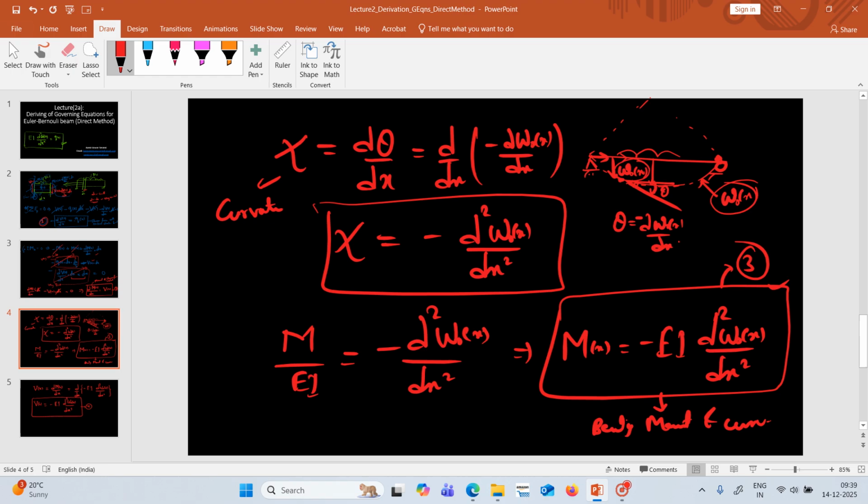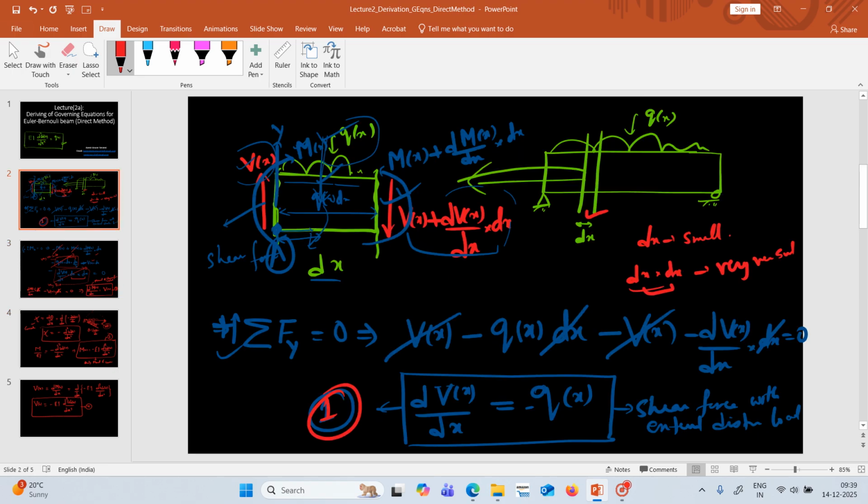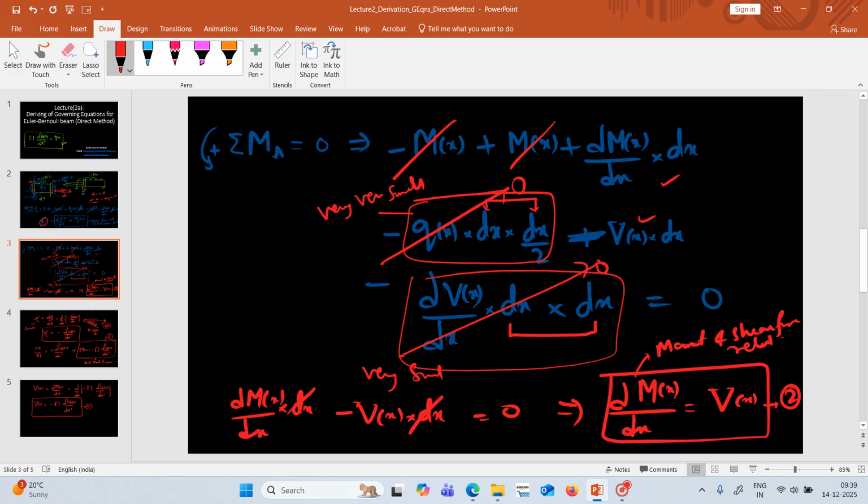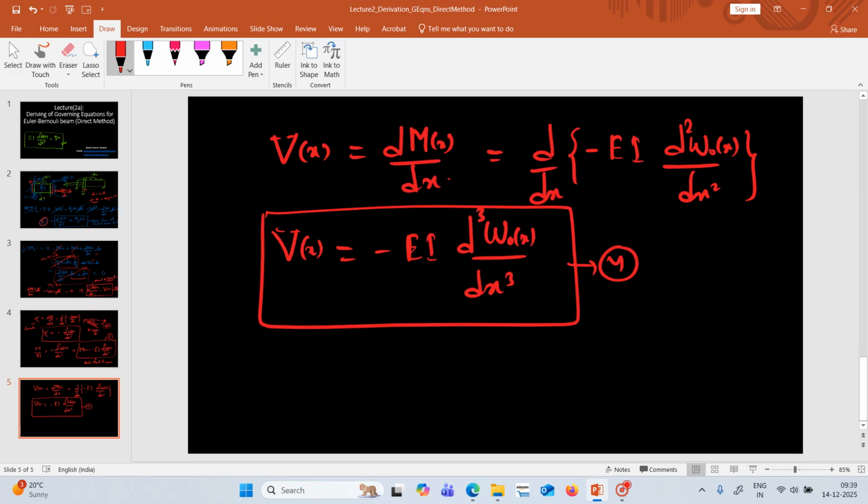Now coming back, the first relation is dV of x by dx equals minus q of x.